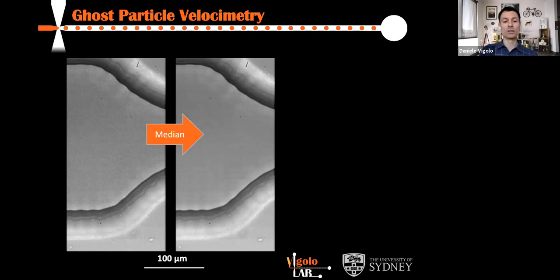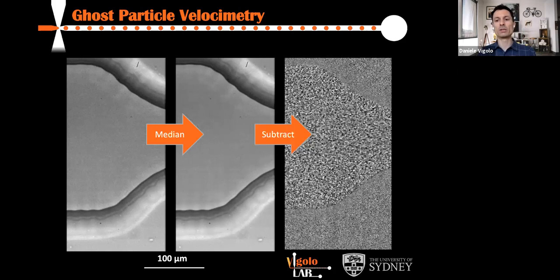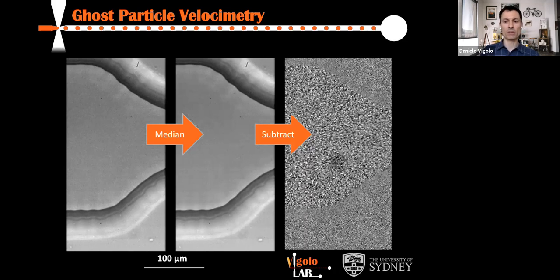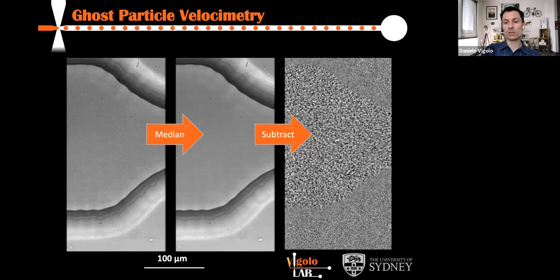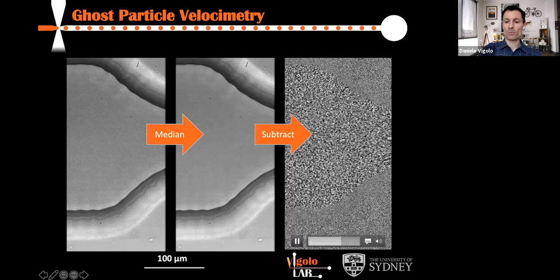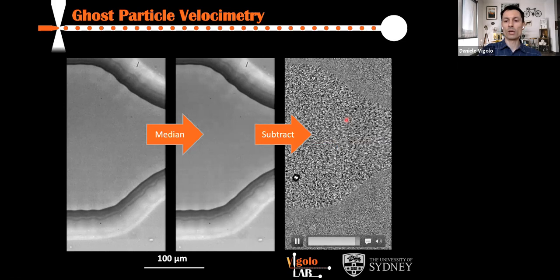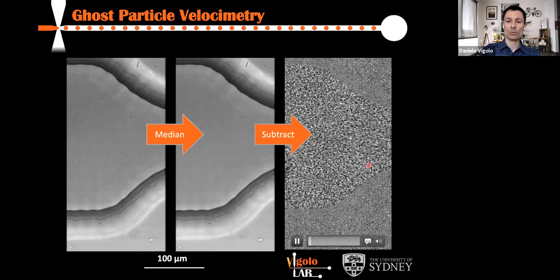But once you subtract this and you do some image analysis, what you end up with is something that is noisy, but you can clearly see that there is something going on. So you can clearly distinguish a noisy background from a much more grainy contribution within the channel.